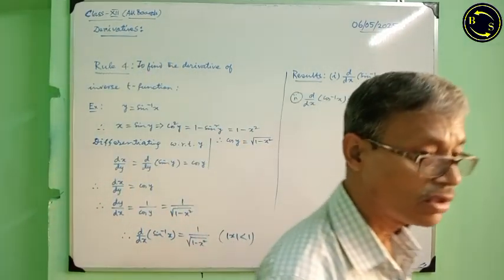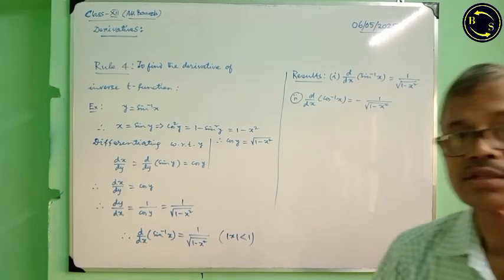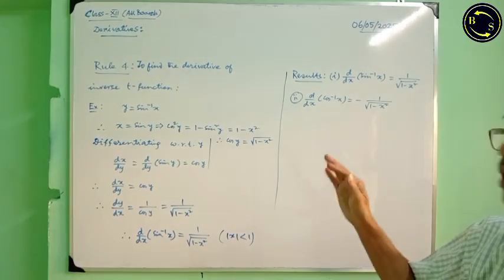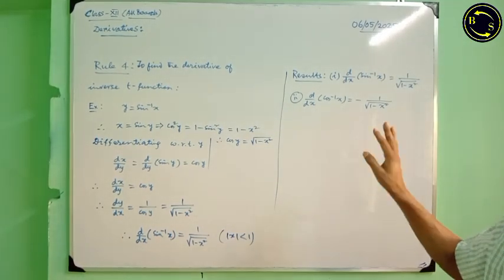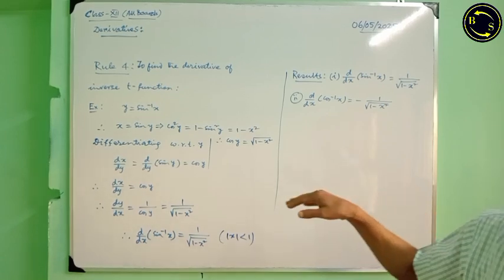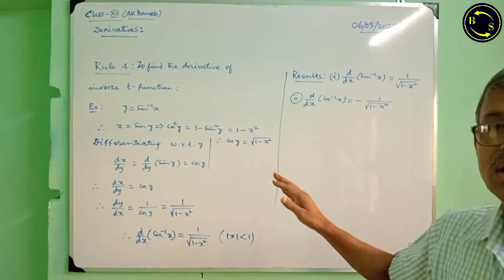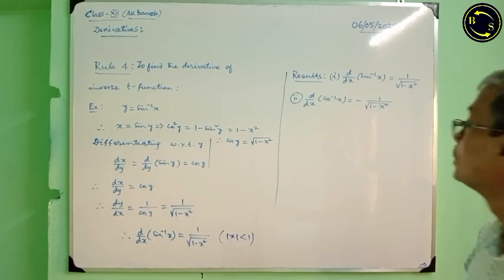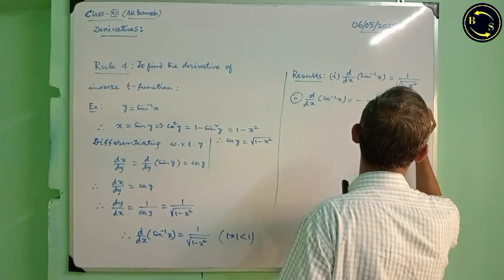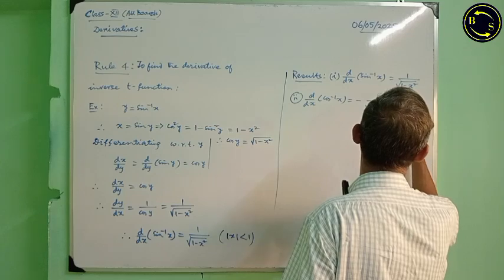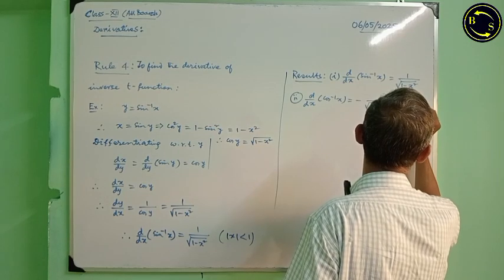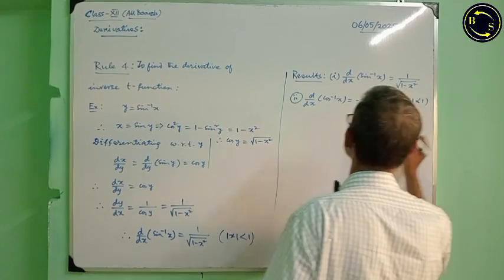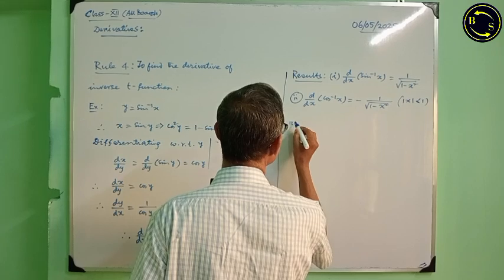I suggest students, learners, you deduce yourself these results. I am writing down or making this chart. Actually, we have to use these results in future. In both the cases, mod x is less than 1.